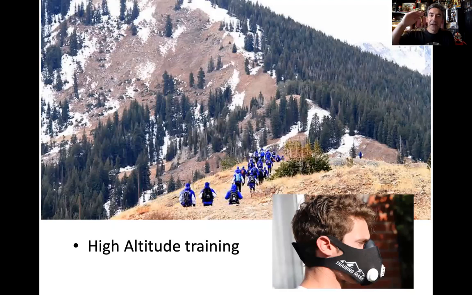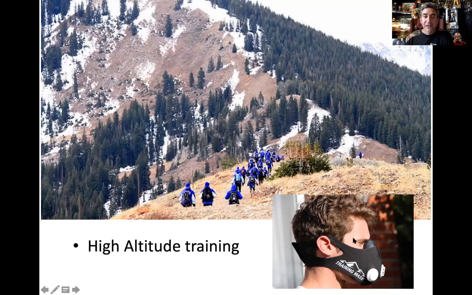When we go up to high altitude, you're running, you're training, there's not as much oxygen, so your body is actually working double. Even when you're asleep, you're in a low oxygen environment, so your body is training to manufacture more red blood cells. Some people mimic this. You could do this here in El Paso.